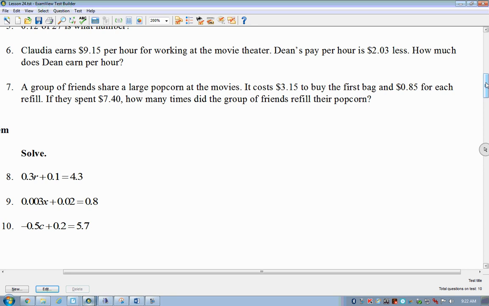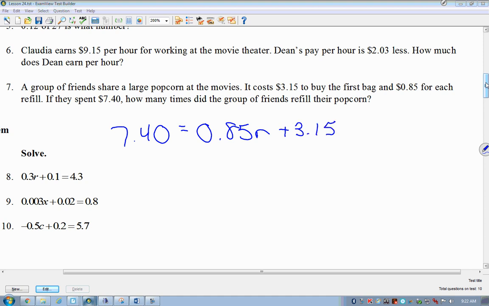A group of friends shares a large popcorn at the movies. It costs $3.15 to buy the first bag and 85 cents for each refill after that. If they spent $7.40, how many times did the group of friends refill their popcorn? What do I want to start doing here? I want to start with an equation. 7.40 equals 0.85 refills plus 3.15.